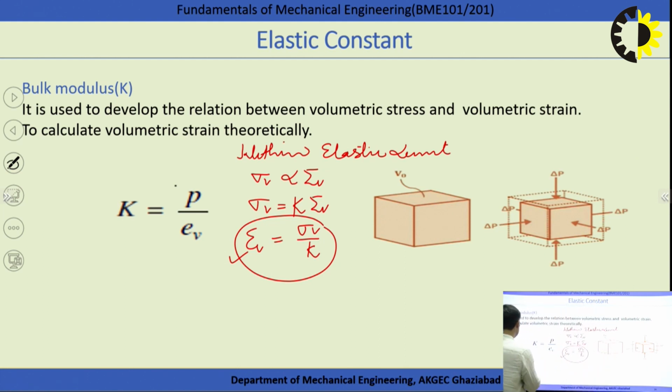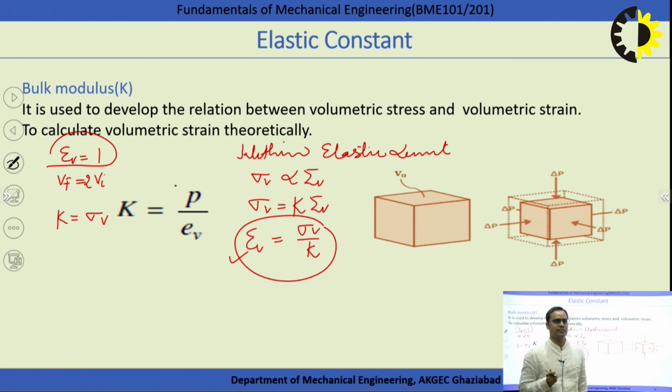Now, if the volumetric strain is unitary, what is the meaning of that? The final volume is just double the initial volume, as we have already mentioned, right? And what is the meaning if the volumetric stress is 1? We can say K is equal to sigma V, right?